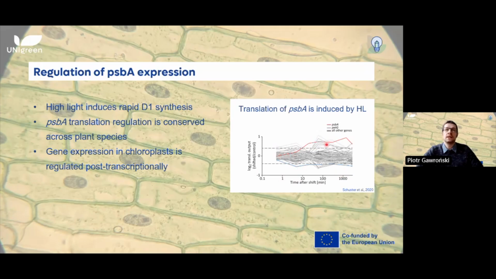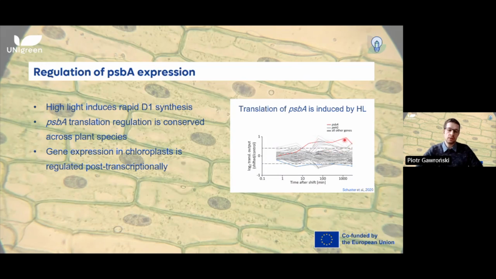This analysis was performed using ribosome profiling that allows us to analyze the translation efficiency. So we can see the induction of the translation efficiency of the psbA gene, leading to the generation of the D1 protein in tobacco plants.